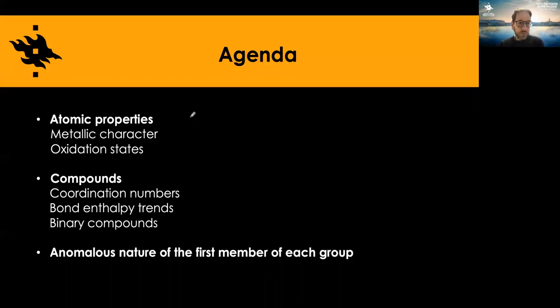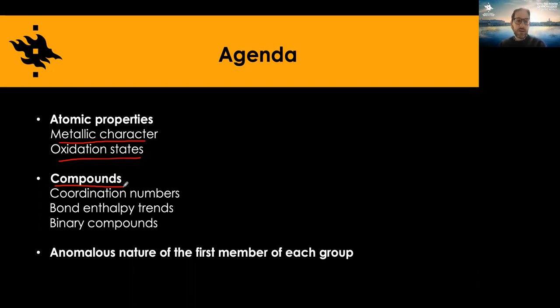So the idea for today is to finish our discussion on atomic properties, talking about metallic character and oxidation states for the elements. Then we will cover properties of compounds made up of the elements, and the periodic variation on the properties of these compounds.